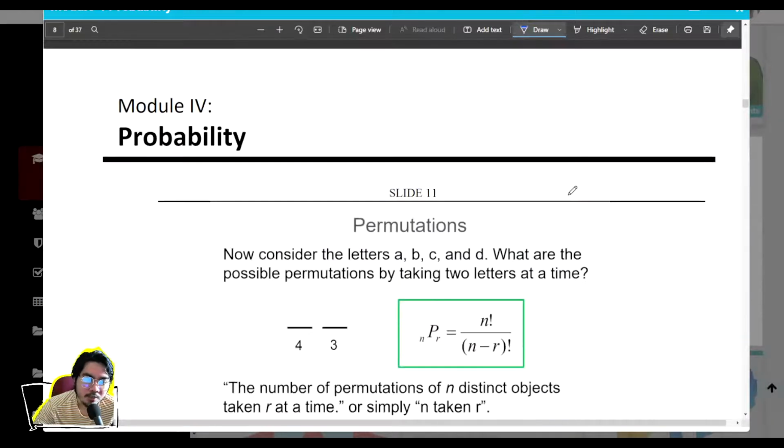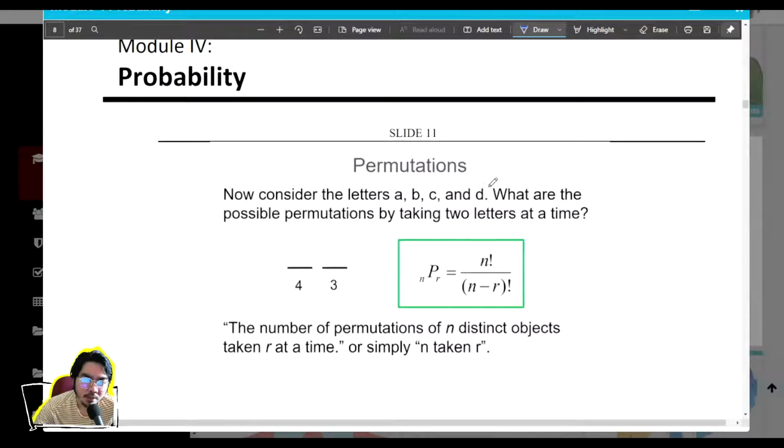Now there are cases wherein, for example, we have 4 letters. Kunwari ito A, B, C, and D. Pero gusto natin makuha yung mga permutations ng 2-letter combinations nito, or 2-letter permutations nito. So pag ganoon, ang ililista na lang natin is kunwari AB, AC, AD, and you can do this, no?